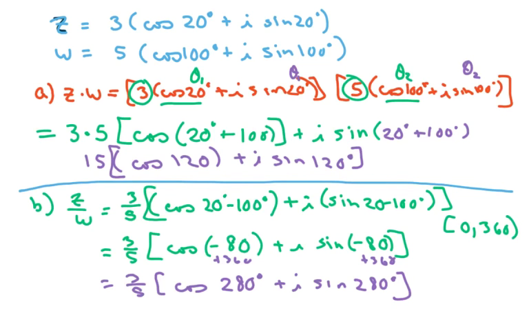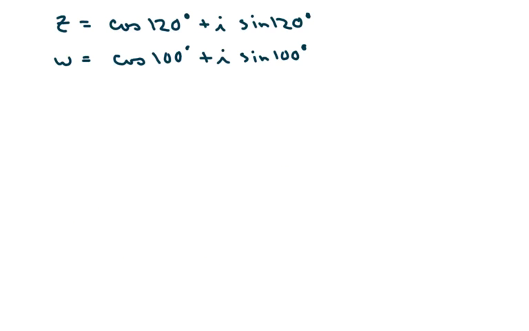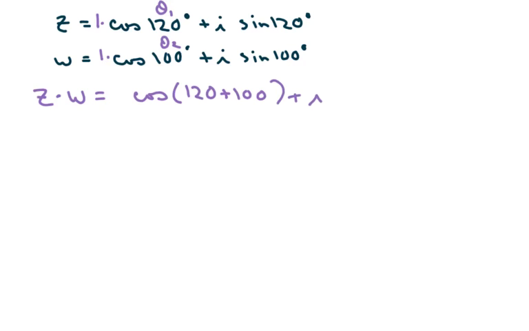So I have a few more, I think 3 more. So here's another one. And instead of writing it all out, my R's here are 1, so this is going to make it a little easier. So Z times W is just 1 times 1, which is 1. So we're going to have cosine of 120 plus 100, adding angle 1 and angle 2, plus I times sine of the same.